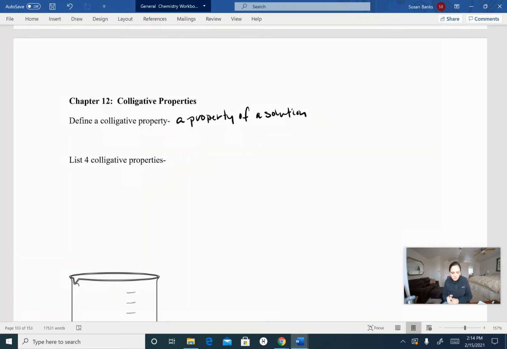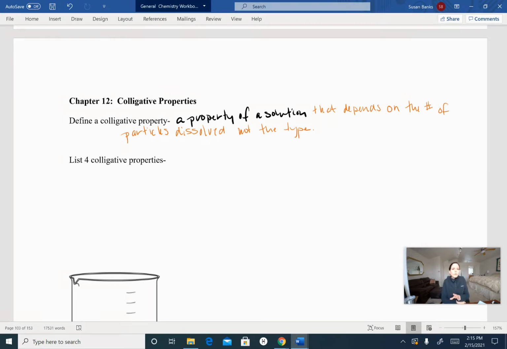That depends on the number of particles dissolved, not the type. So it doesn't really matter what I dissolve in my solvent. What does matter is how much, or the number of particles that I have dissolved in that solvent.